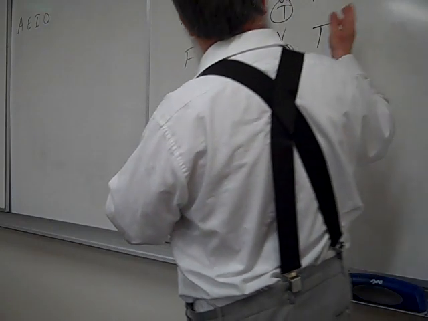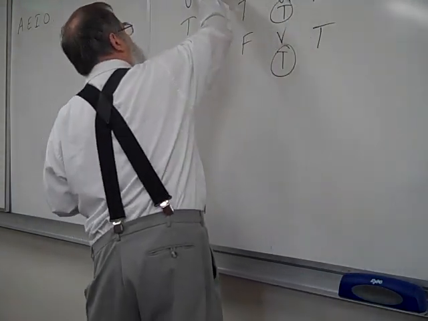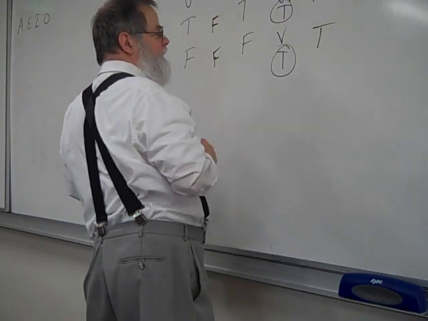One way you could form a contradiction is to just go like this and say not the case, because then it would be false and false, right?